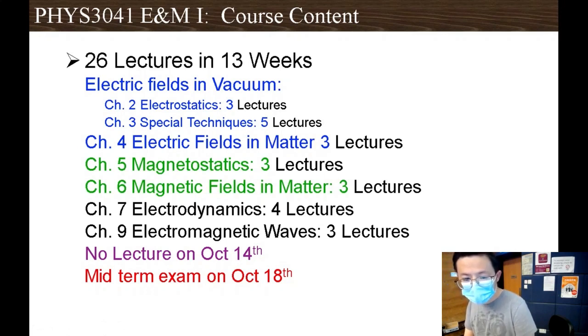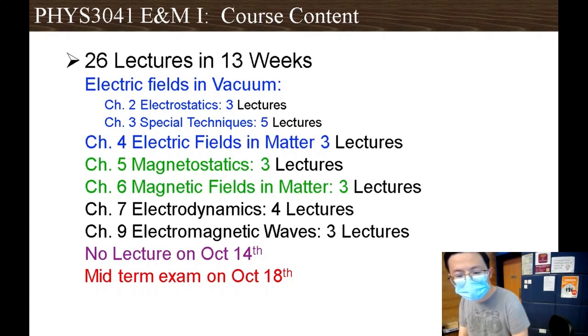Basically, chapters 2, 3, 4 are for the midterm. The midterm should be on October the 18th, and if you want, you can really start to prepare for it from now.